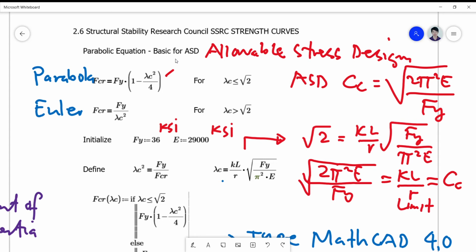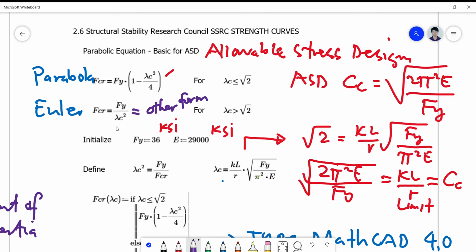And the parabolic equation of the SSRC is the basis for the ASD. It is called the parabolic equation because this equation here is actually a parabola, and this equation here is simply the Euler equation. So this is simply an Euler equation in disguise, an Euler equation in another form.